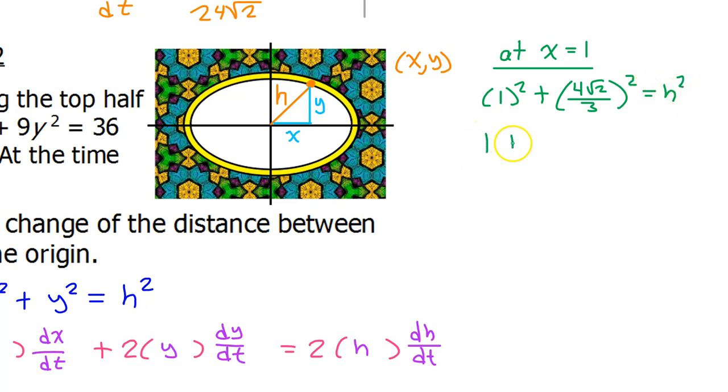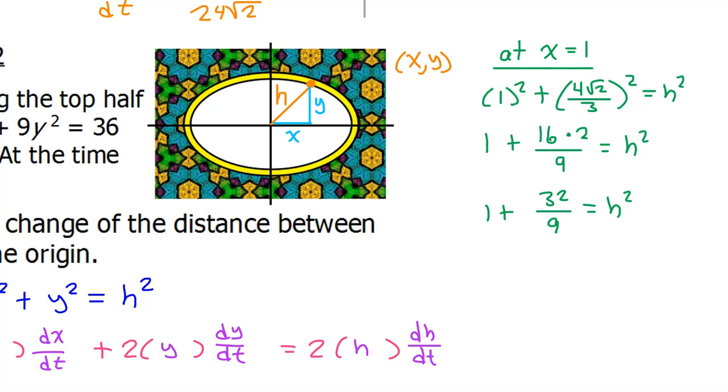So this is 1 plus, and I'm squaring each one of these three things. So that's 16 times 2 over 9 is equal to h squared. So that's 1 plus 32 over 9 is equal to h squared.